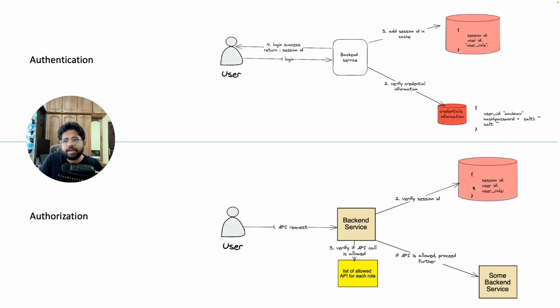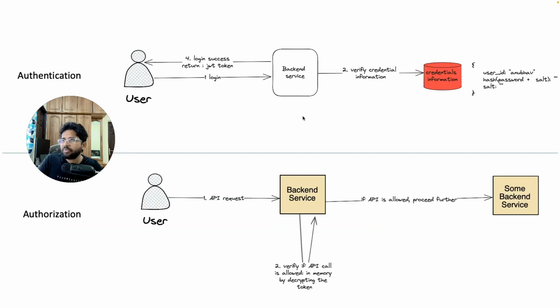So instead, why not just call this authentication or identity system once in an hour or once in 30 minutes, and till then just work with the same token, and the backend service will verify by itself and proceed further? So why not just use this approach and not the other one?